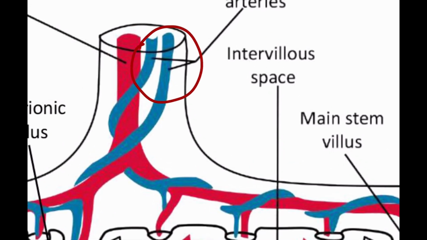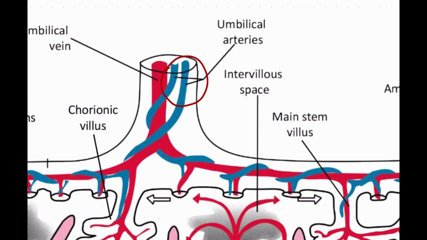Their function is to carry deoxygenated blood and waste from the fetus to the placenta, while the vein delivers oxygenated, nutrient-rich blood from the placenta to the fetus. This goes into our exchange between the fetus and the placenta. The umbilical cord plays an important role here in carrying that blood and waste from the fetus to the placenta.